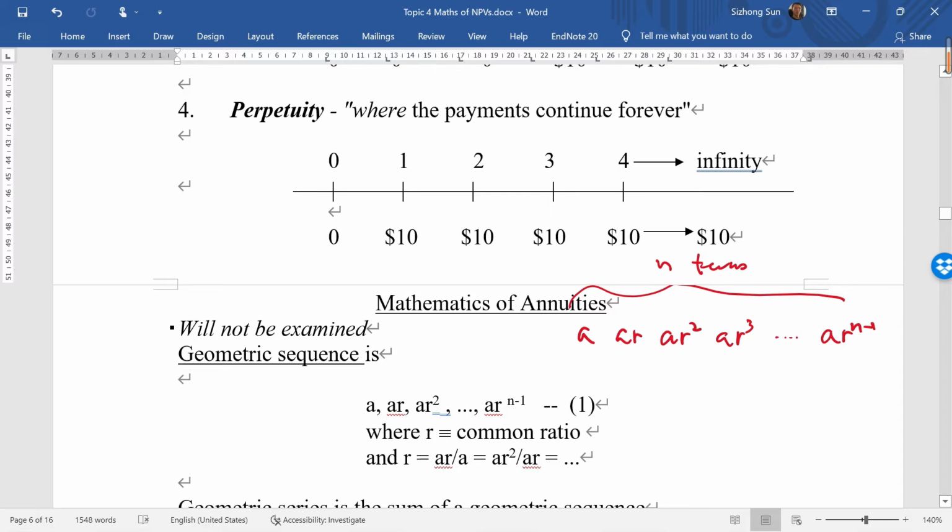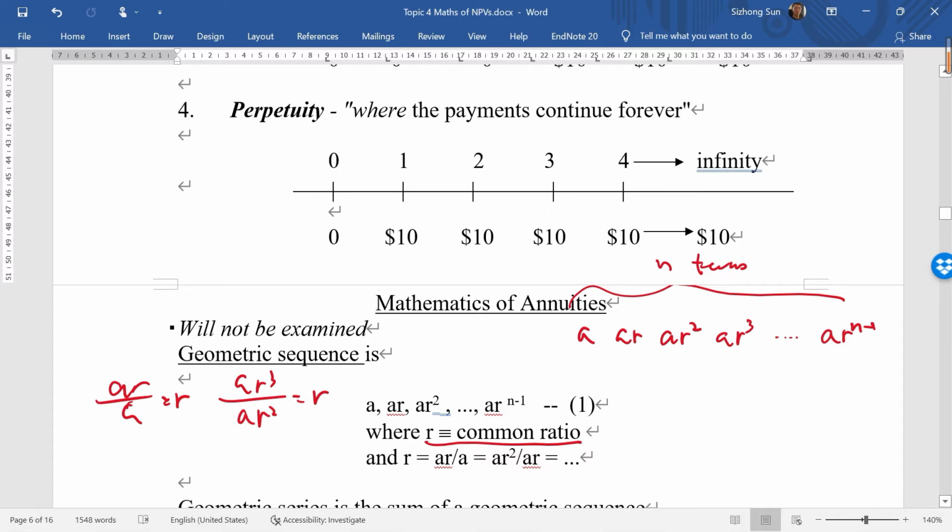What is special about this sequence of numbers is that the next term divided by the current term is always common. So for example, AR divided by A, we get R. AR cubed divided by AR squared, we get R as well. And that's why we call this R the common ratio.